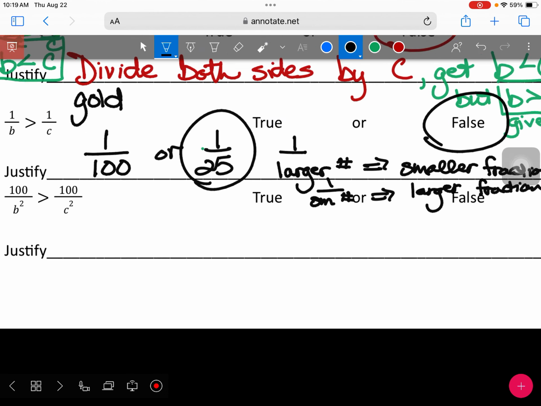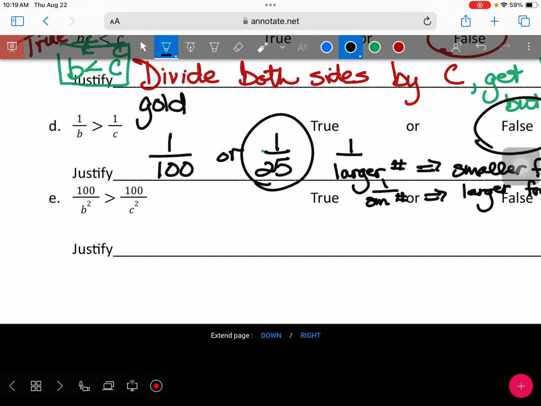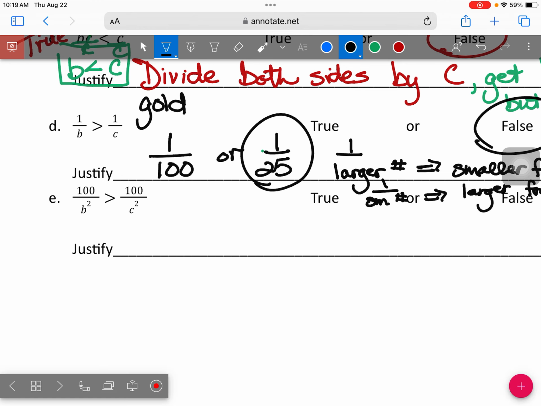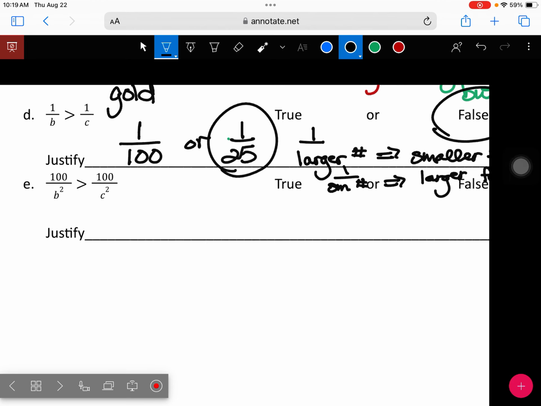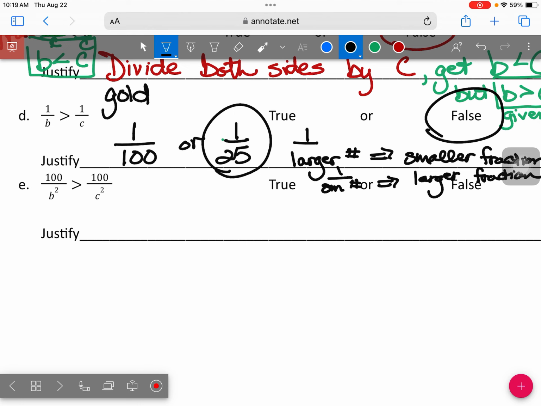All right, and the last one on this section, 100 divided by b squared. How does that compare to 100 divided by c squared? True or false? Is 100 divided by b squared going to be larger? So let's say b is equal to 10 and c is equal to 5.